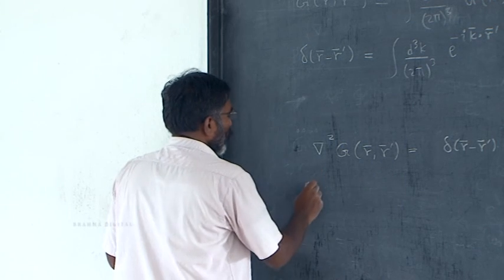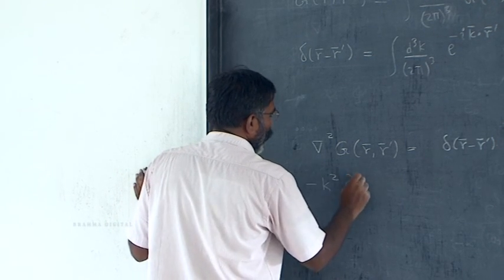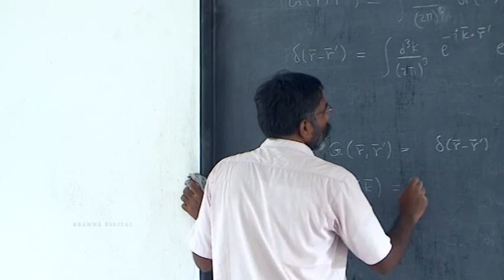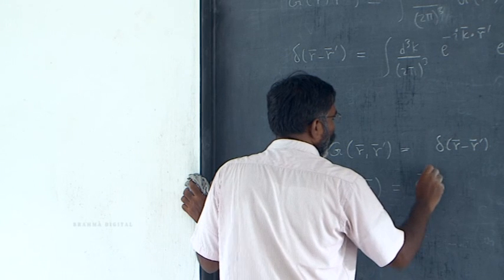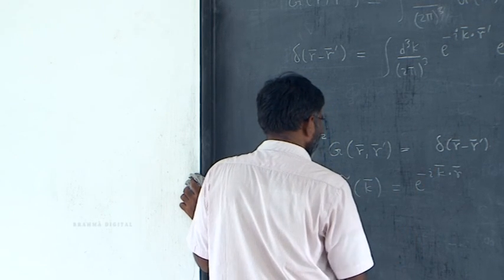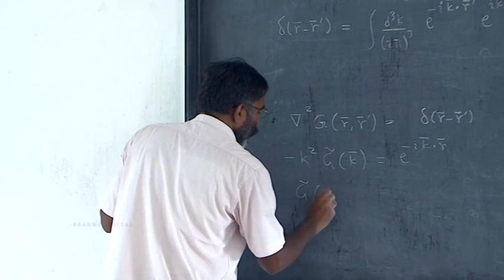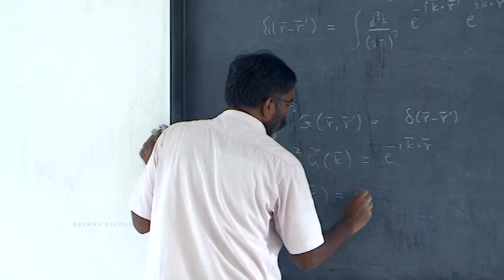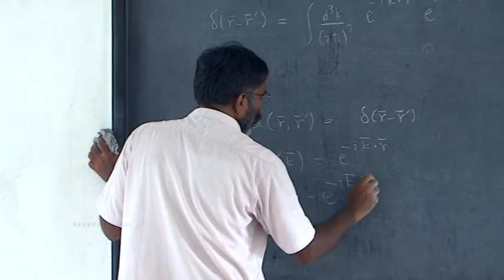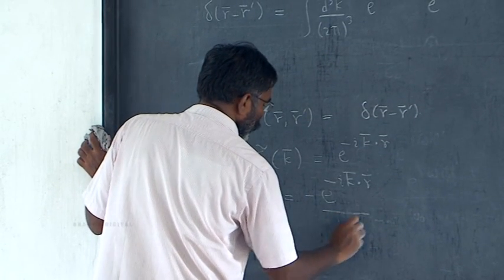So we will get minus k square into g tilde of k is equal to e to the minus i k dot r. So g tilde of k, we get it as minus e to the minus i k dot r divided by k square.